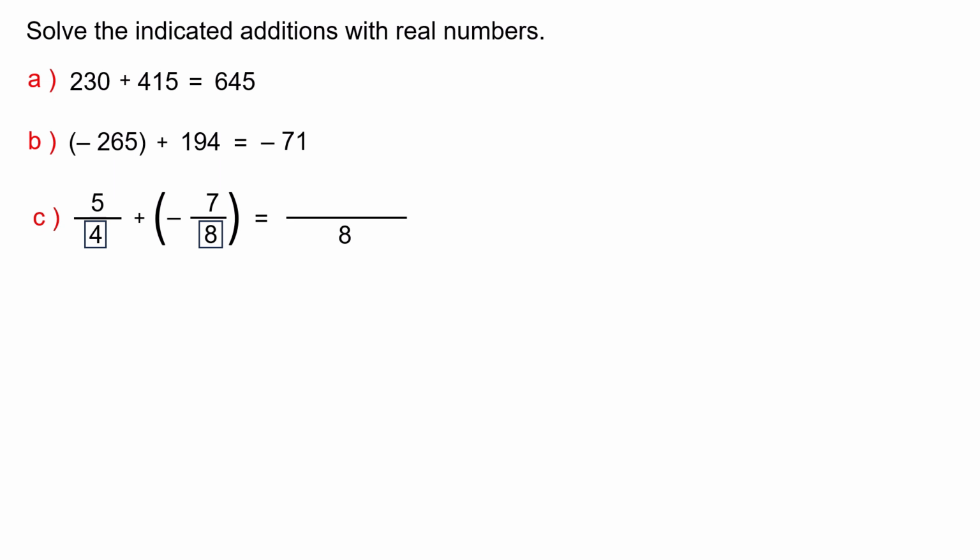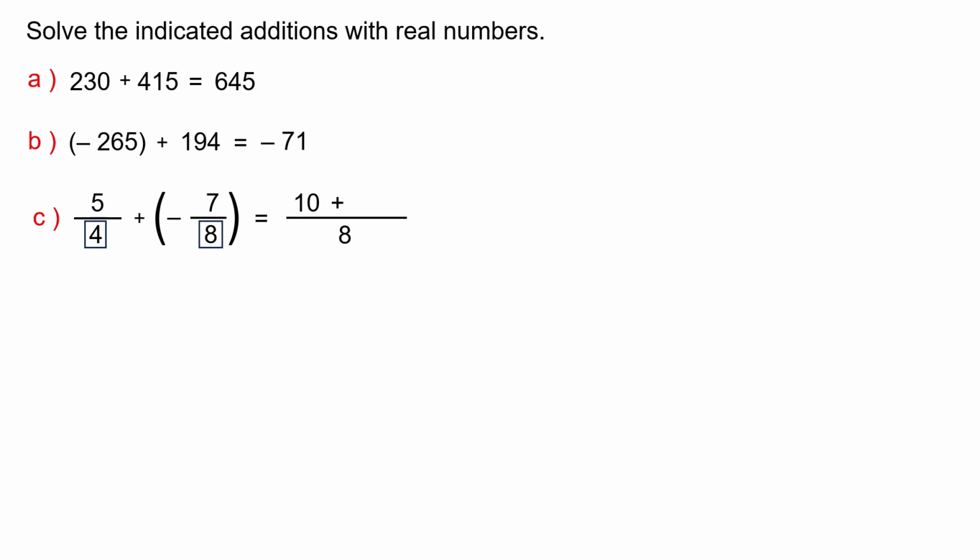Then we divide by the first denominator 4 and we are left with 2, and this value is multiplied by its numerator, where the result is 10. We write the positive sign and do the same process for the second denominator.